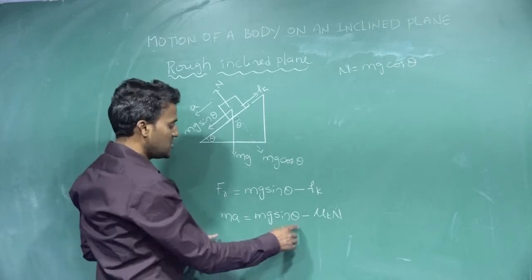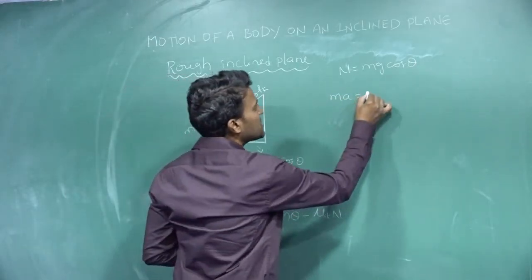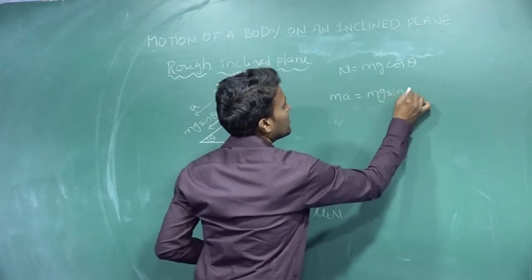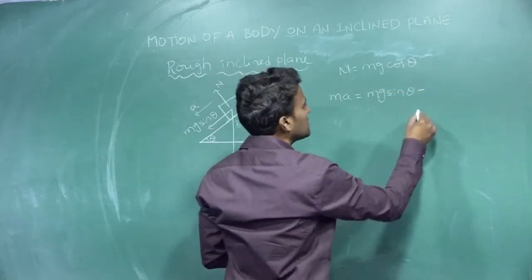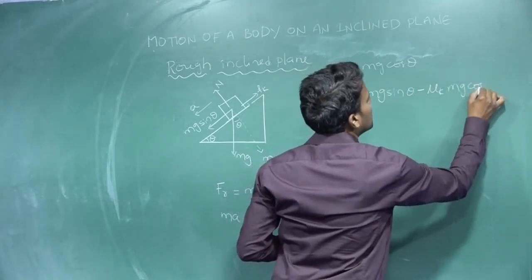Substituting in the equation, ma is equal to mg sin theta minus mu k n, with n equal to mg cos theta.